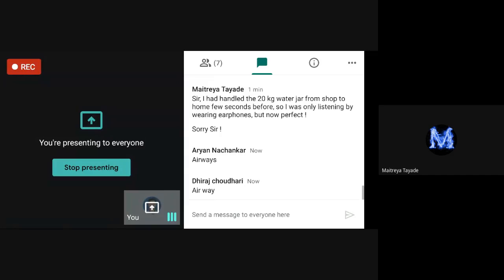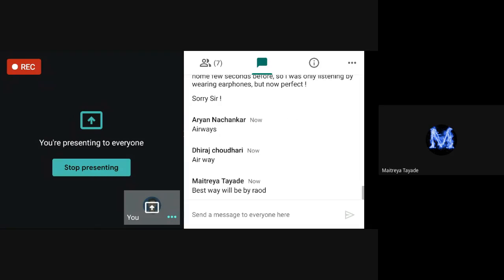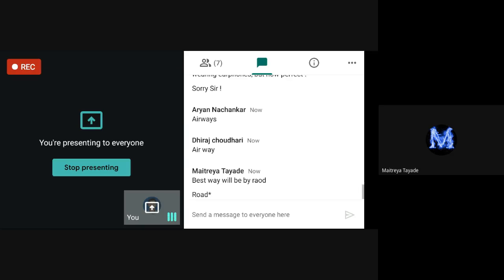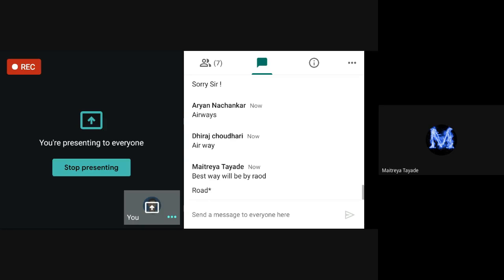When you choose airways, airways are very expensive. Okay, when you ship cargo by aeroplane, it is very difficult. The best way will be by road. Okay, Maitreya, is there any road to reach Arab countries from Konkan?